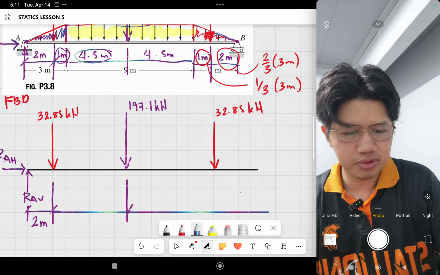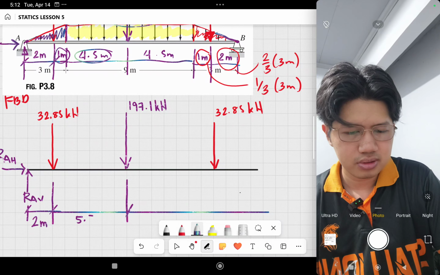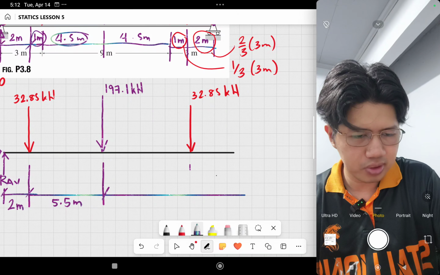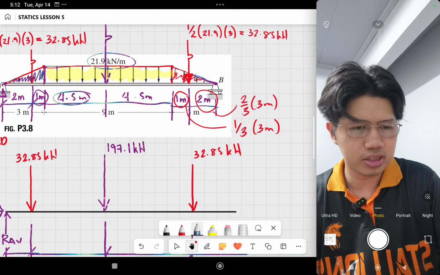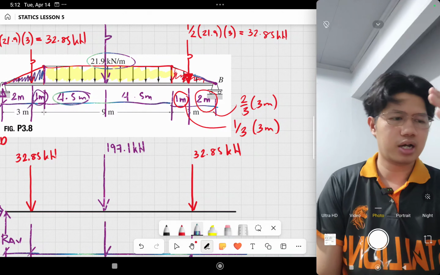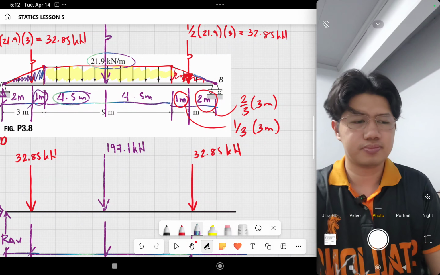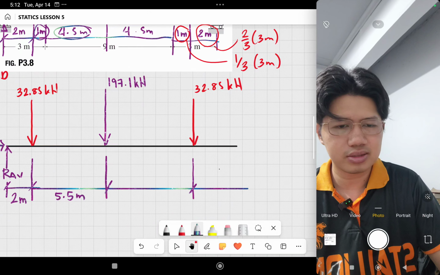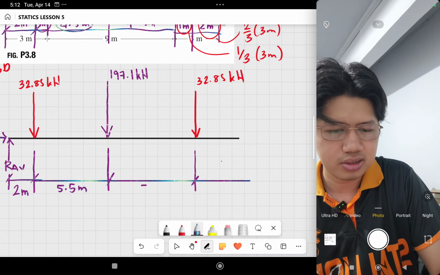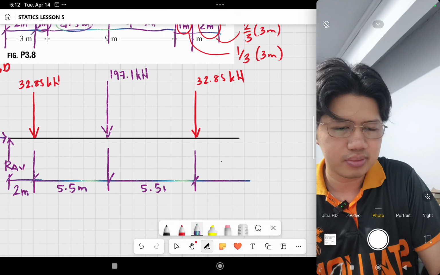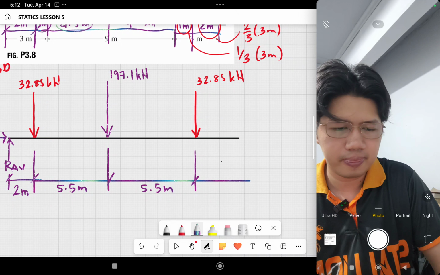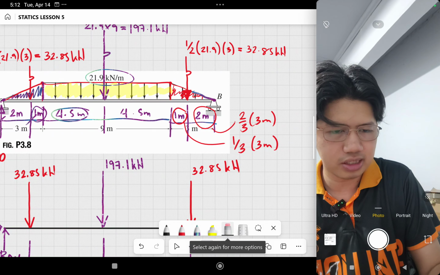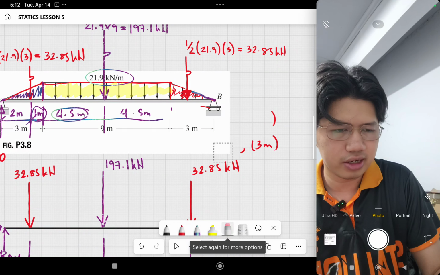So that is 5.5 meters. Okay? So from 197.1 hanggang doon sa 32.85 dun sa other side ng ating free body diagram, that is 4.5 plus 1 pa rin. So that is 5.5 meters. And then, yan. So, let me clean this up na since na-transfer ko na sa free body diagram natin.